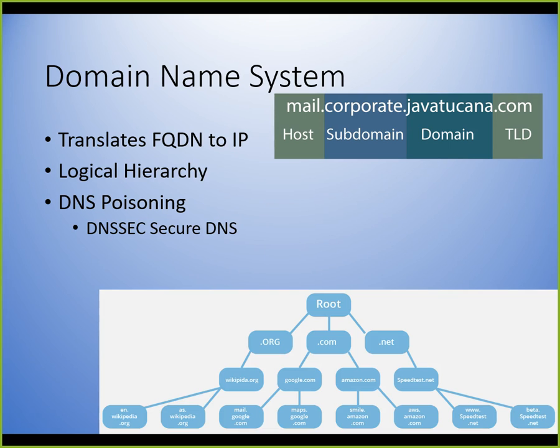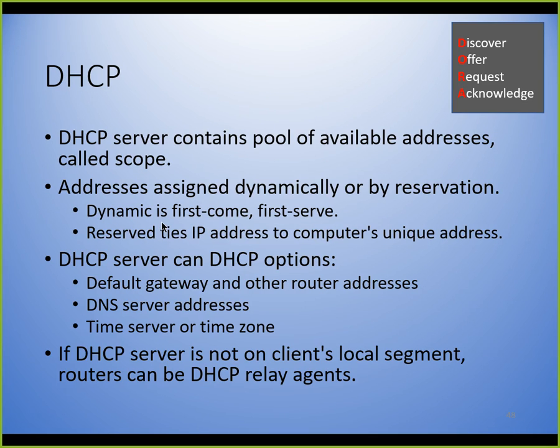DNSSEC secures DNS, so that we can have secure DNS. By default, it's not secure, and DNSSEC is not something that is used in a lot of places right now.